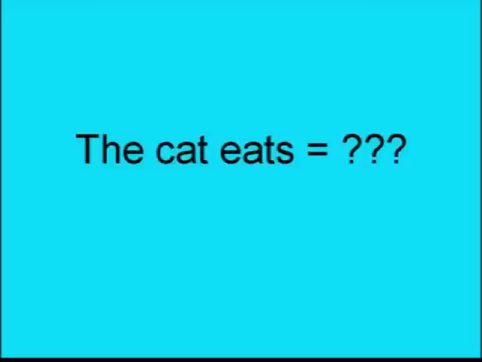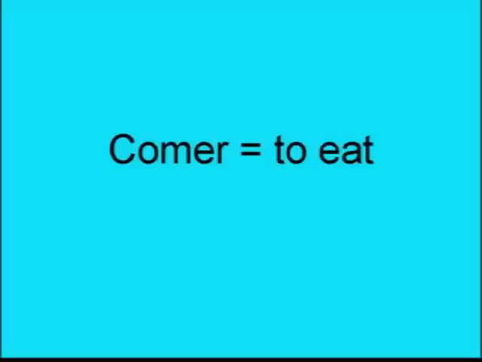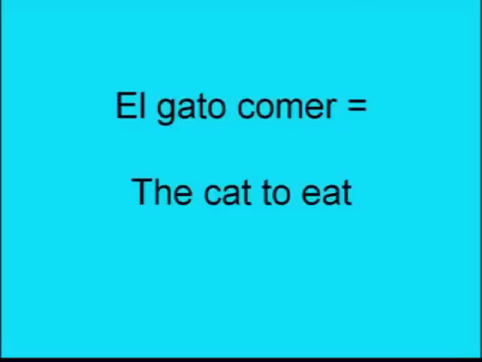If you wanted to say the cat eats, you would need to find out how to say to eat in Spanish. By looking at a dictionary, you would realize that the word meaning to eat in Spanish is comer. Now, writing el gato comer doesn't make sense because it literally means the cat to eat.